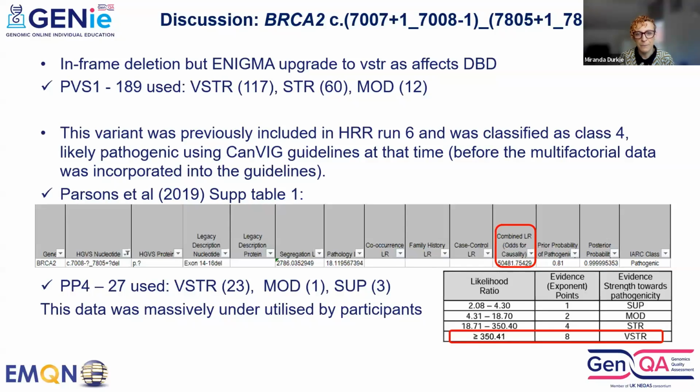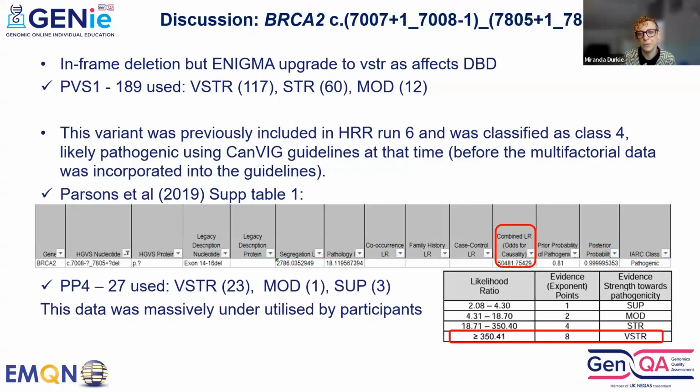So just looking at that multifactorial data in a bit more detail, this is a screenshot from the Parsons et al. supplementary table 1, and they look at the likelihood ratio, and it was split down by segregation, pathology, co-occurrence, family history, and case control, and then into a combined likelihood ratio, or an odds for causality, which you can see is a whopping, it's over 50,000 likelihood ratio.